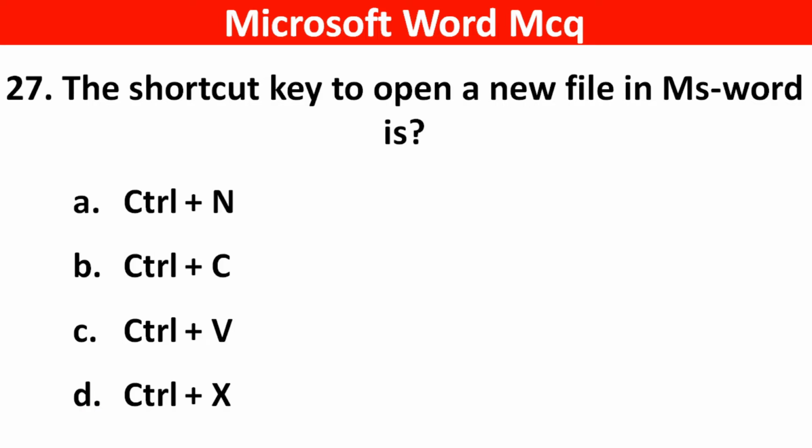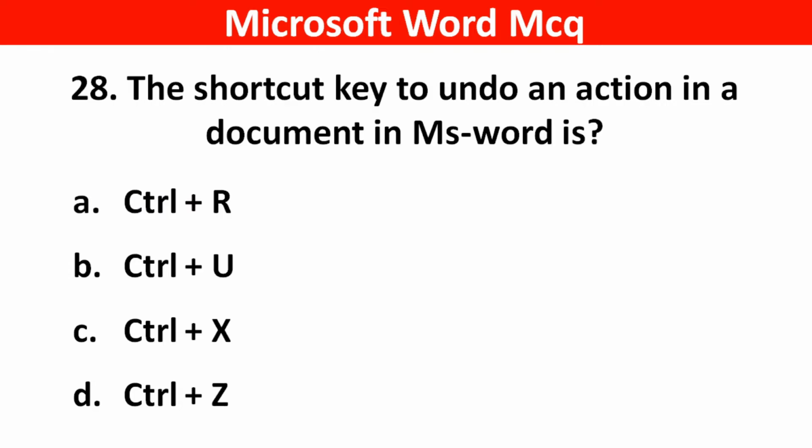Next question, the shortcut key to open a new file in MS Word is dash dash. Right answer is option A, Control plus N. Next question, the shortcut key to undo an action in a document in MS Word is dash dash.